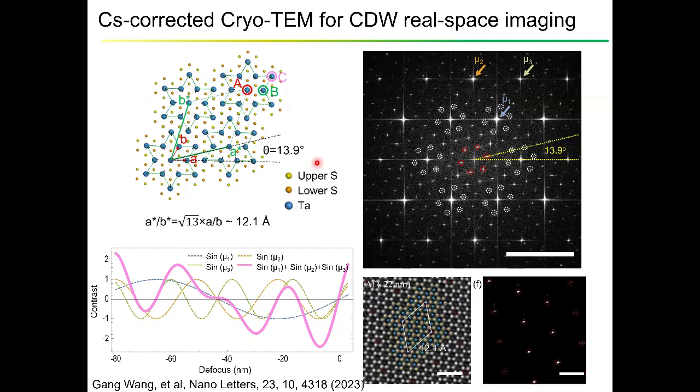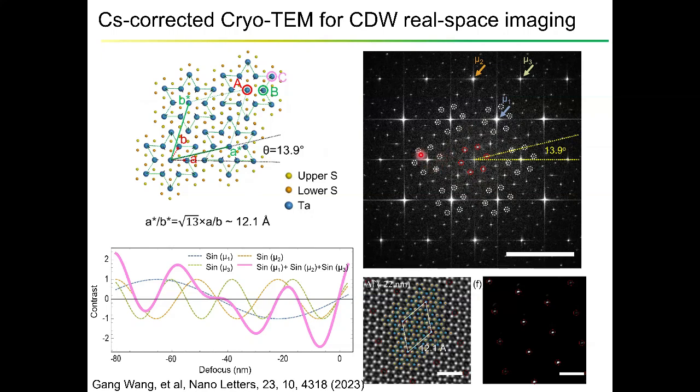So we put this material into the cryo-TEM, and we can see that the distortions are really reflected in the diffraction and also in the real space, because it will generate a lot of new periodicities in the real space structure.